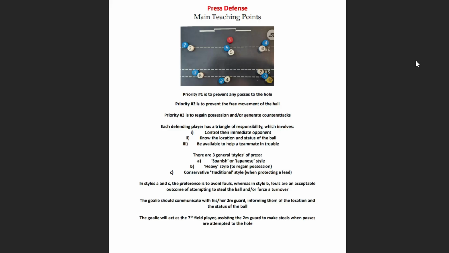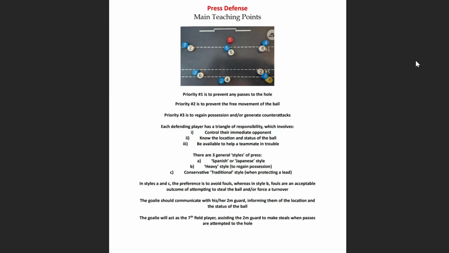Now, I've identified here 3 general styles of press. There's the more modern Spanish or Japanese style, that's A. B would be heavy style, used by a lot of teams around the world, whereby they're heavy and leaning right into the attacking player with the ball, trying to regain possession or force a turnover.